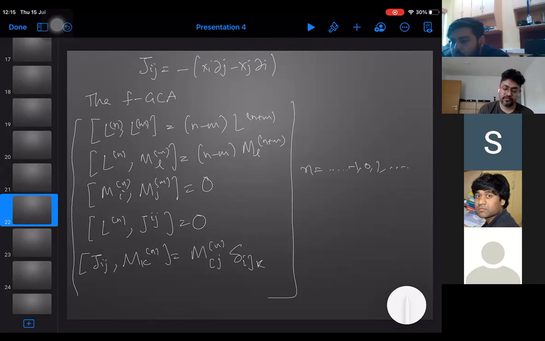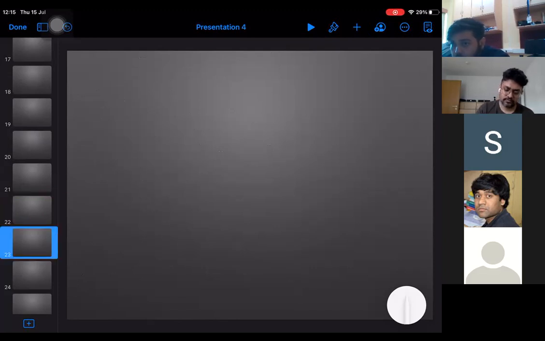This is for d greater than 2, but even for d equal to 2, let's move forward to see what we have. So the case of d equal to 2.